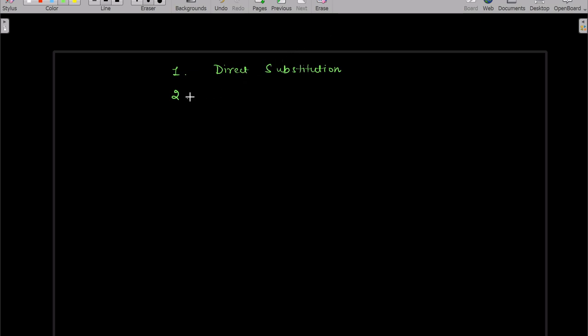We will discuss all those forms. Second way is factor and cancel. Third way is you rationalize if you see square roots. And fourth way is L'Hopital's rule.